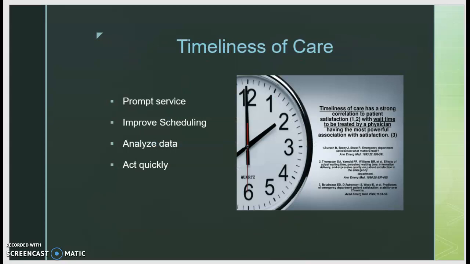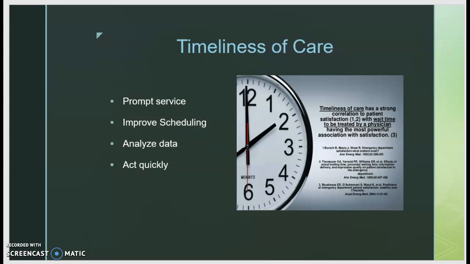Timeliness of care is another pro. These are just examples: prompt service, improve scheduling, analyze data, act quickly. We want to make sure that the patients are seen promptly. When they arrive, we should make sure that they are moved to the back within 15 minutes.